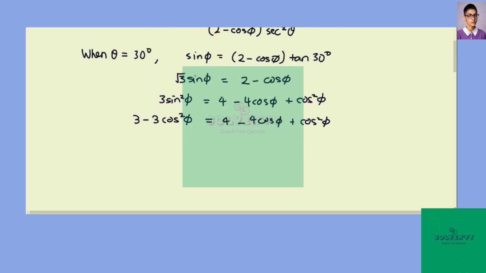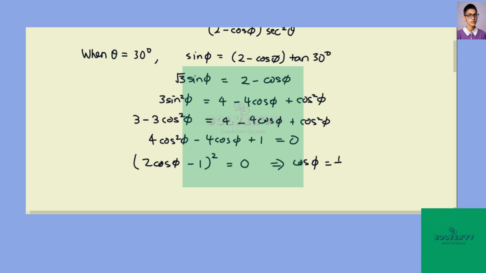Here you get a new equation: 4 cosine squared phi minus 4 cosine phi plus 1 equals 0. So you have (2 cosine phi minus 1) squared equals 0, which means cosine phi equals half, and phi equals 60 degrees.